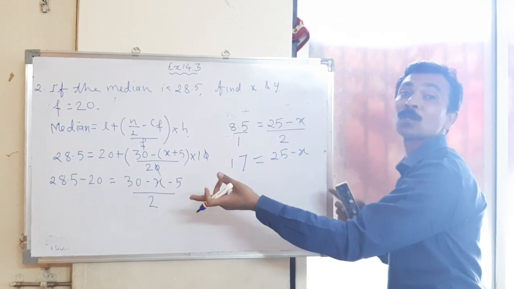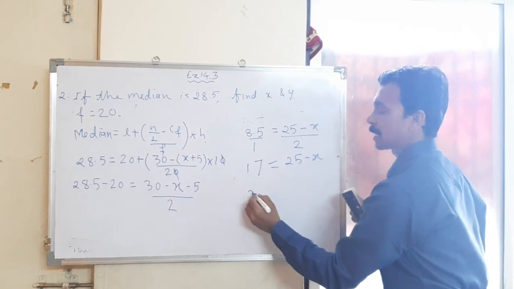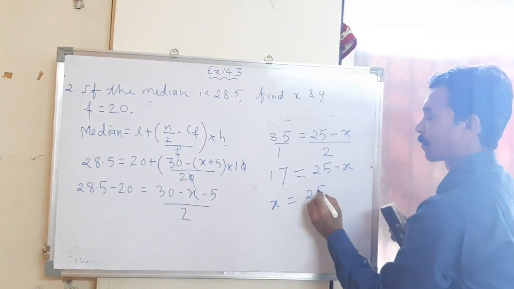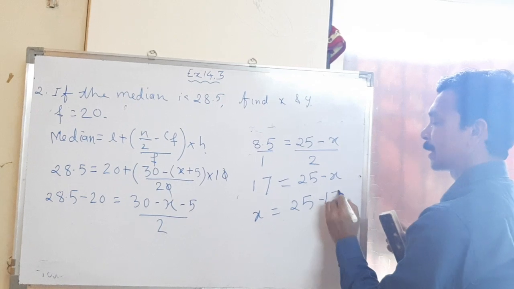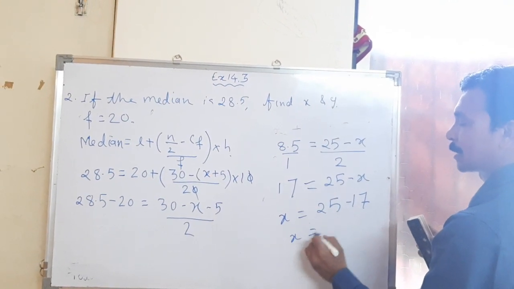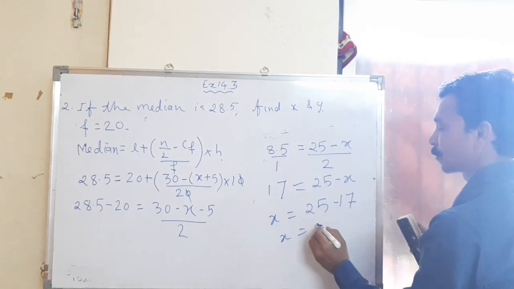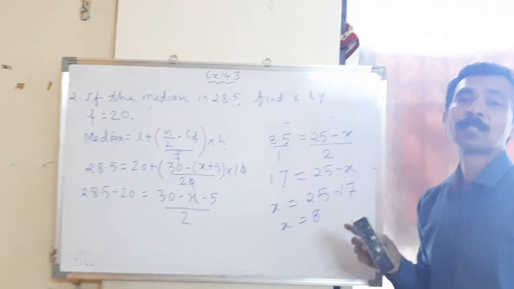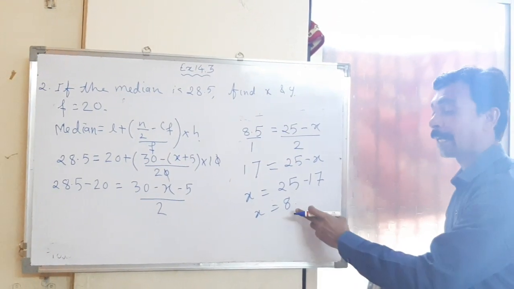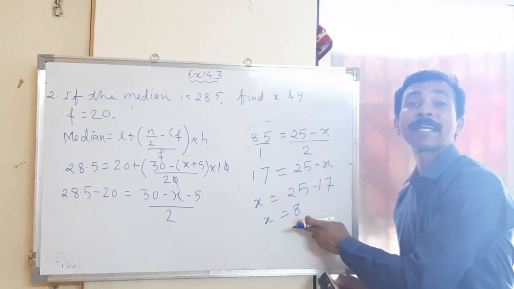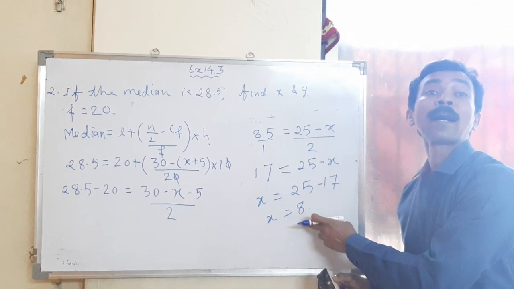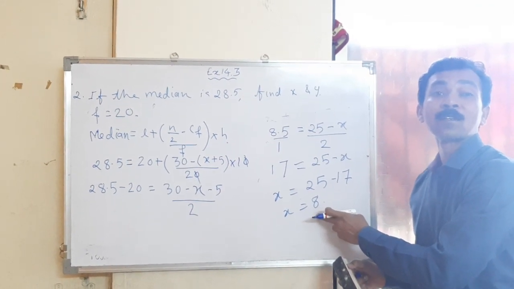Minus x goes to that side, becomes plus, and 17 comes to the right hand side, becomes minus. x is equal to 25 minus 17, which is 8. But this is not the end. This is the value of x. We have to find the value of y also.